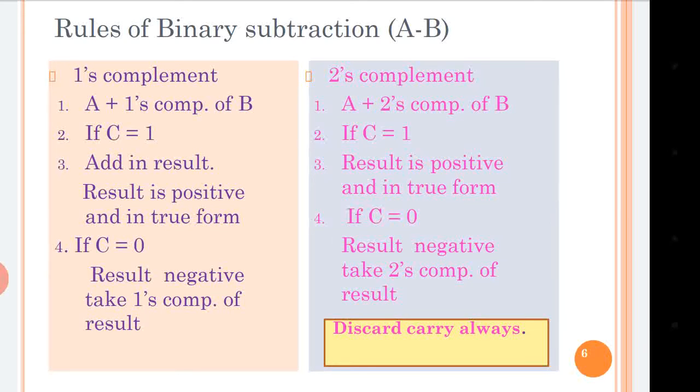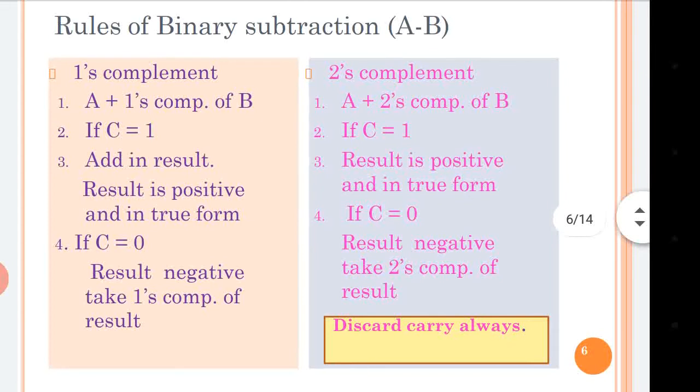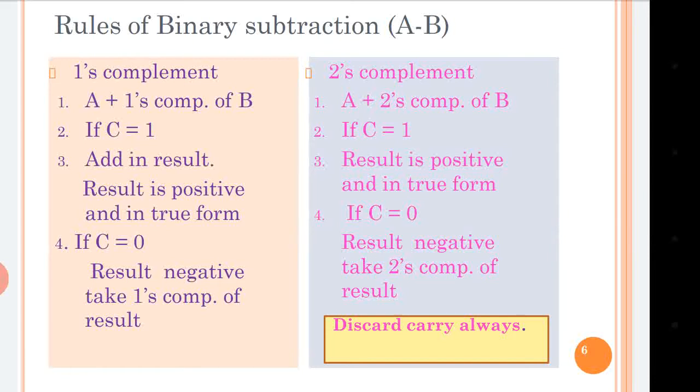While adding these two numbers, if carry is equal to 1, that is, if carry is generated, then we have to add the carry to the result. The result is positive and in true form. If carry is not generated, that means if carry is equal to 0, the result is negative, and take the one's complement of the result.